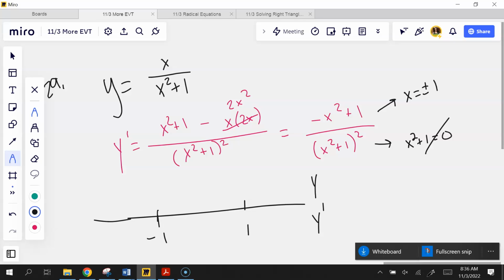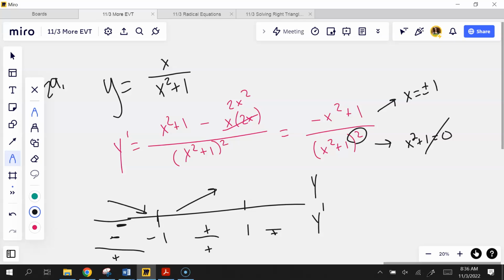So up top, I'm going to be negative. On the bottom on all of these is going to be positive because I'm squaring, right? All right, so here I'm negative. At 0, I'm positive. And bigger than that, I'm going to be negative.